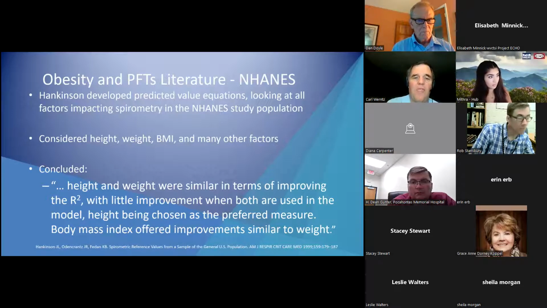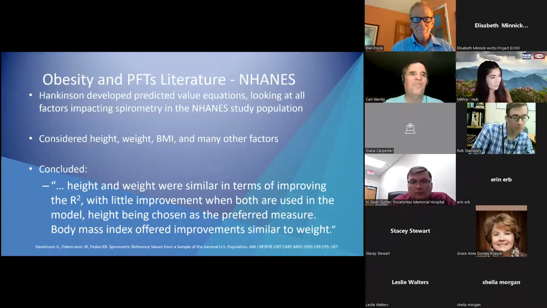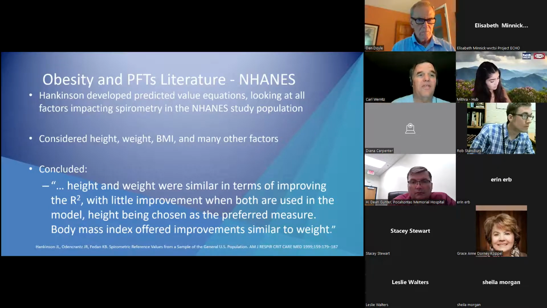They used height because you can more easily measure the height, and they determined that it didn't really add much to the statistical evaluation of the data to use BMI or weight, so they elected to leave that out.